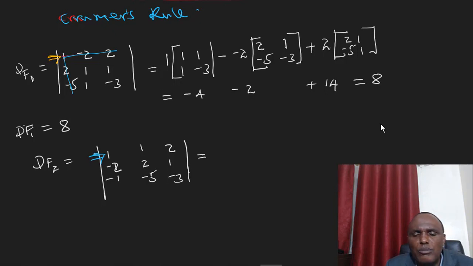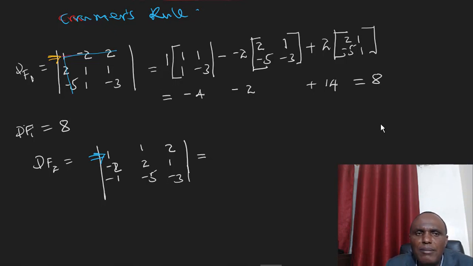We use them to get the determinant. We can use any column or any row, but let me use row number 1 to get our determinant. Remember, the determinant of a 3 by 3 matrix is the sum of the products of the elements and their cofactors in a row or in a column.